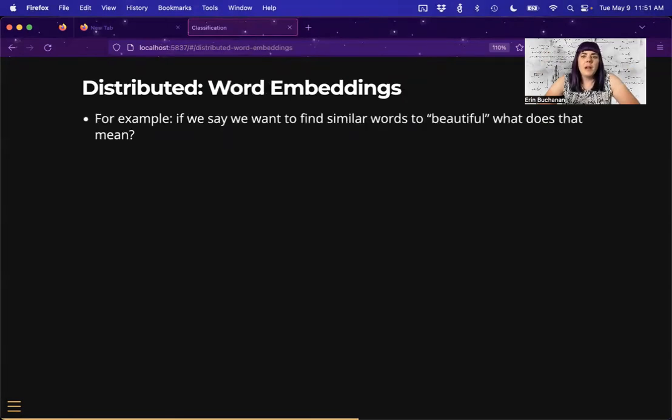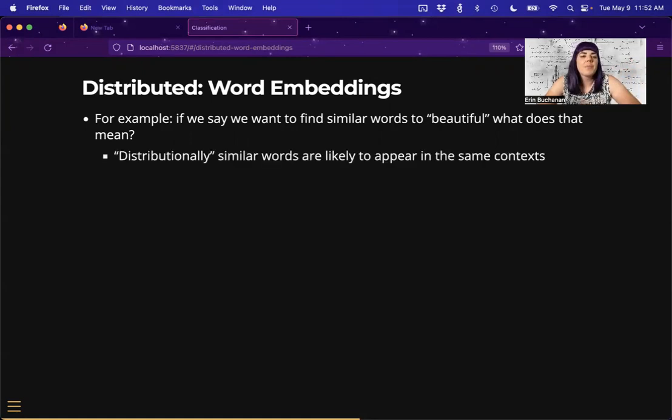So let's say we want to find something similar to the word beautiful. What do we mean if we're saying I want to add a thesaurus representation for this? Distributionally similar words have the same context, so you might be able to use a different word and it would mean the same thing to you as a human.